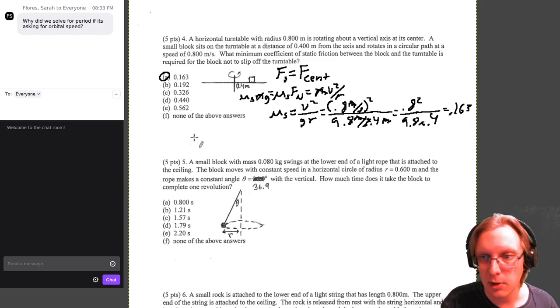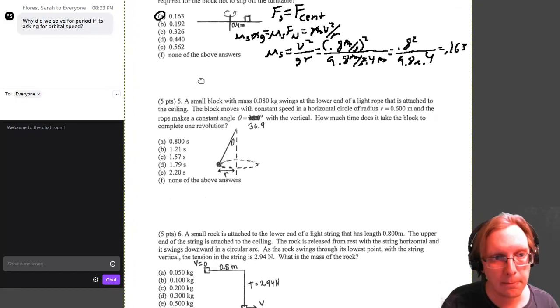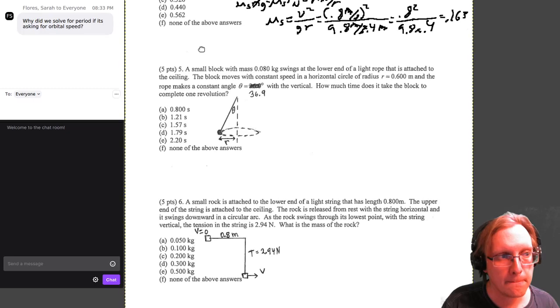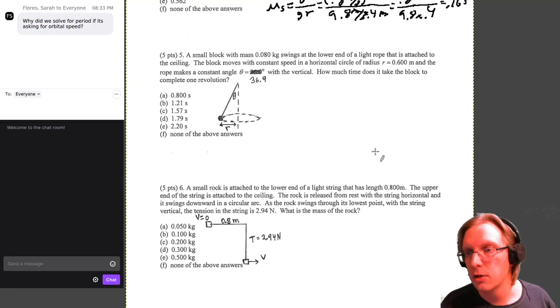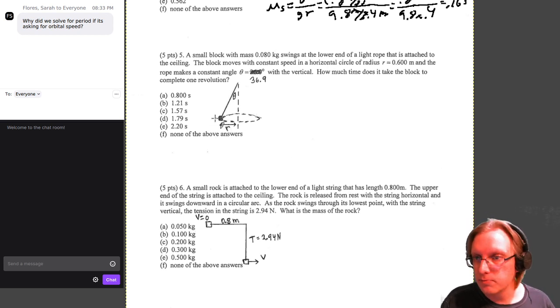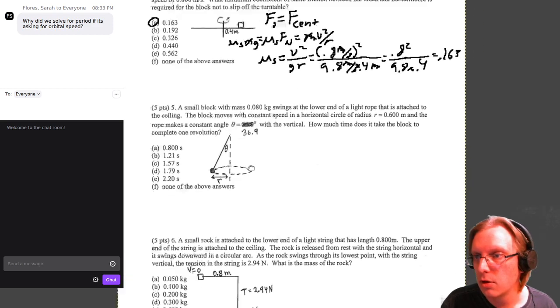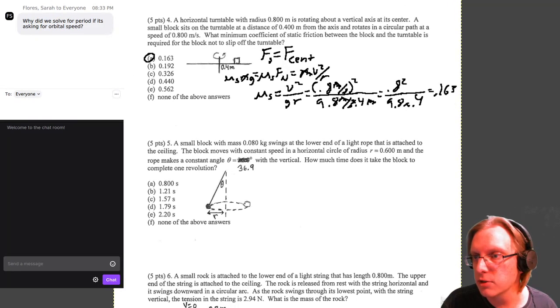All right. Okay. A small block with a mass given at the lower end of a light rope is attached to the ceiling. Oh, did they give us a mass there? Just out of curiosity.